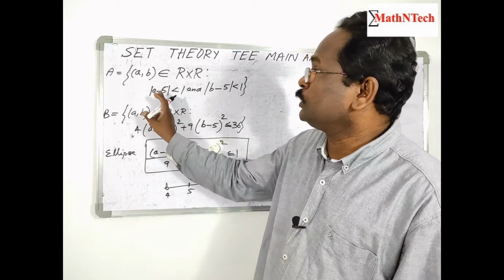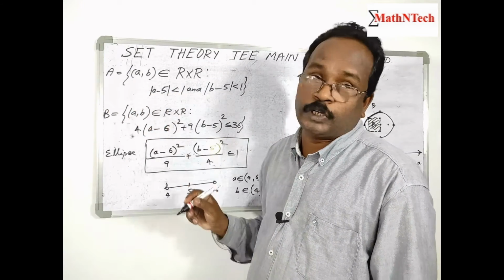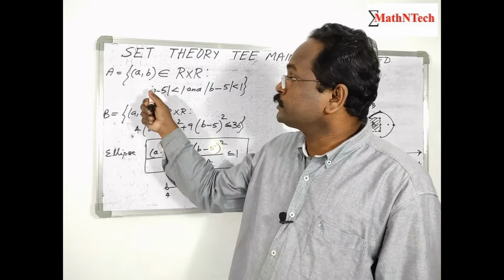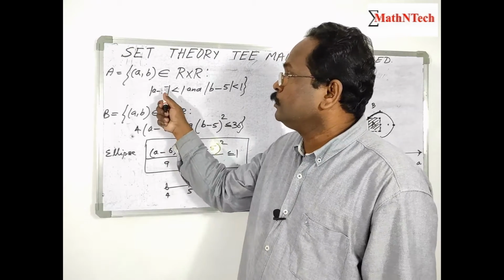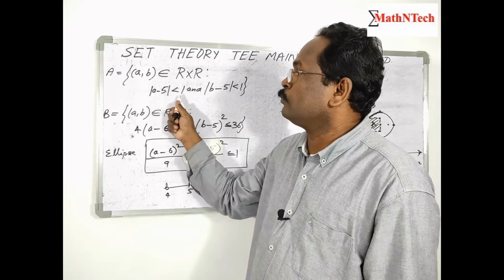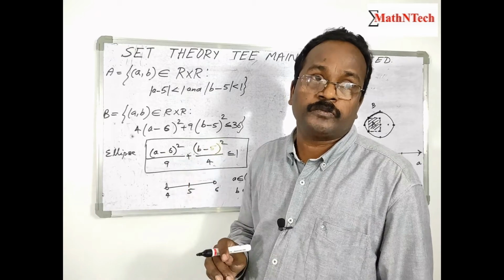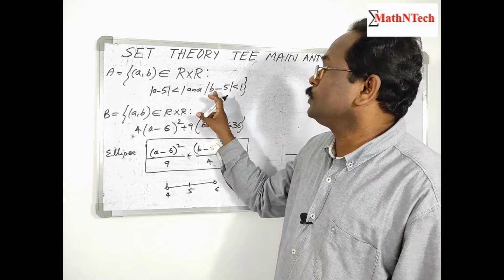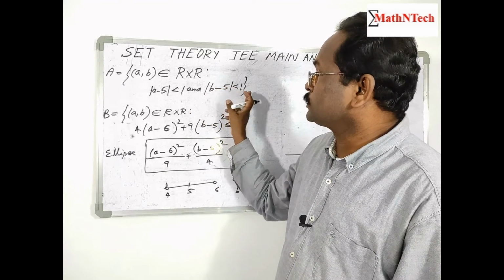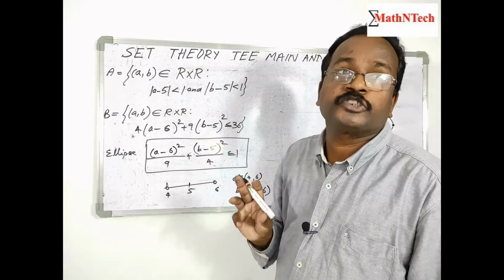Now the first set A equals what? Modulus of A minus 5 less than 1 means A is a number between 5 plus 1, that is 6, and 5 minus 1, that is 4. A lies between 4 and 6. Similarly, B minus 5 magnitude less than 1 means B is less than 5 plus 1, that is 6, and B is greater than 5 minus 1, that is 4.